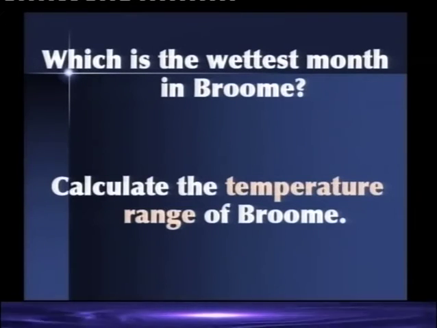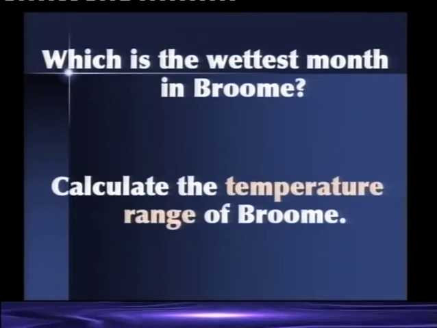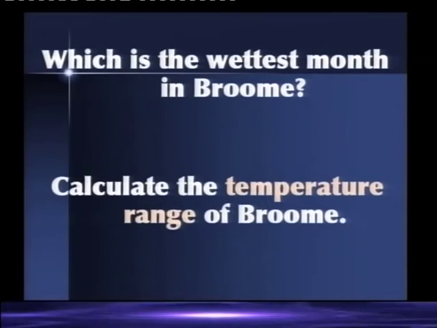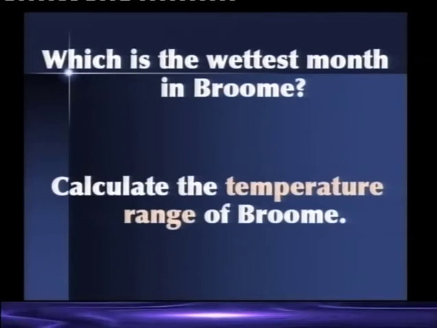By looking at your data, the table, which is the wettest month in Broome? This data shows the temperature and rainfall readings for a place in Broome, in Western Australia.